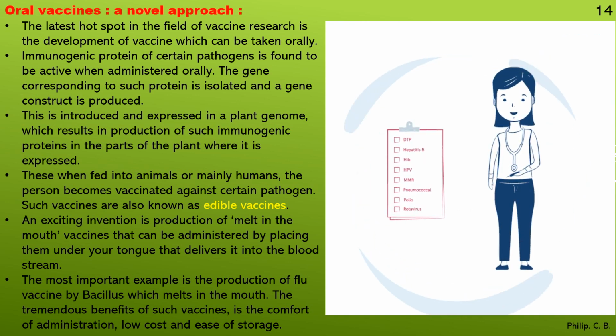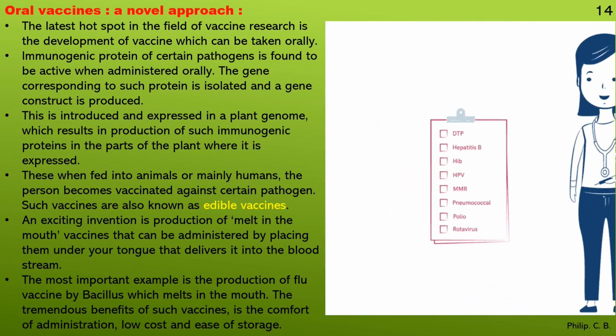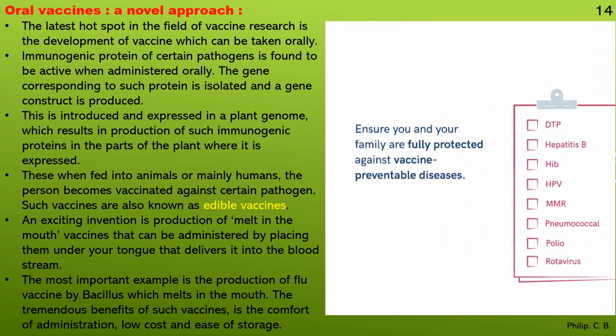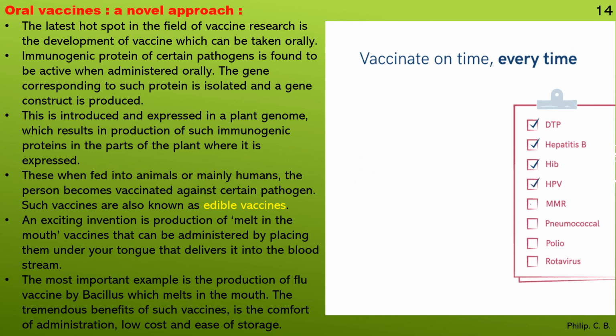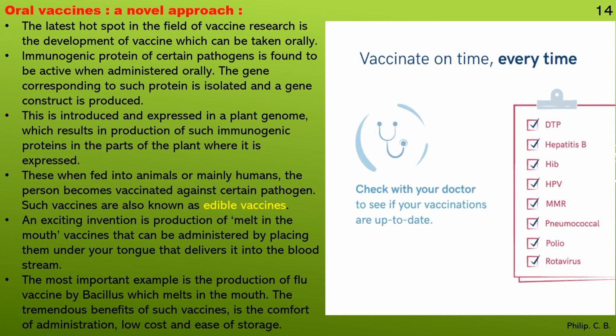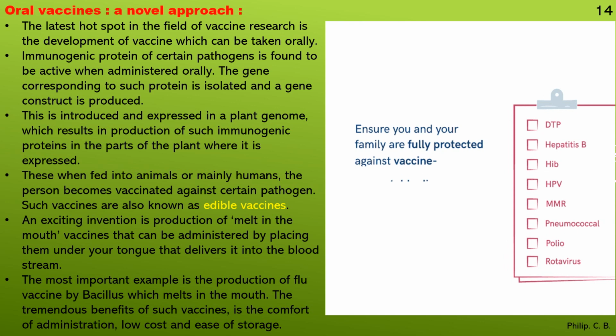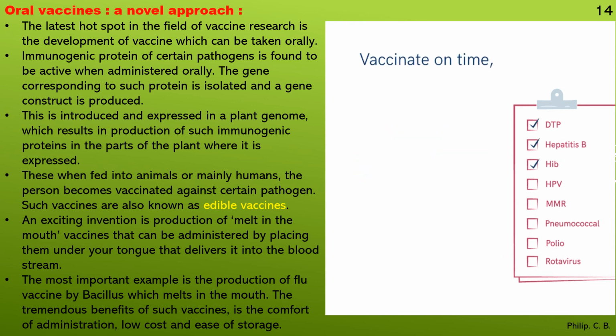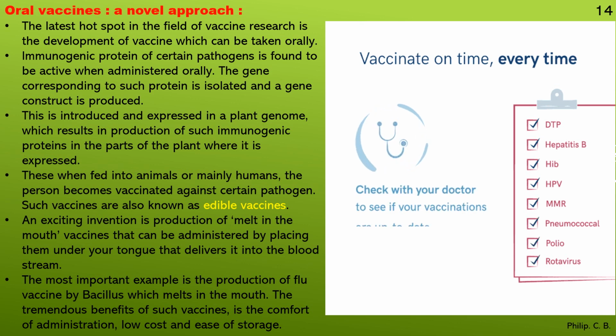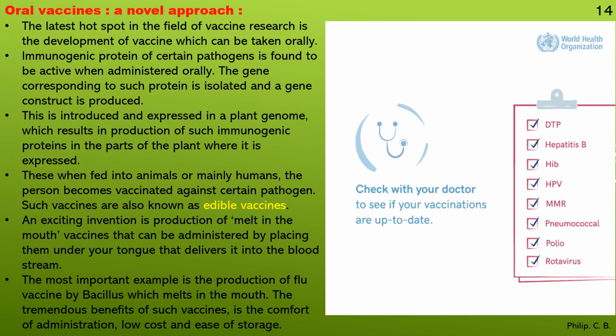The latest hotspot in the field of vaccine research is the development of vaccines which can be taken orally, like the polio vaccine, right? Immunogenic protein of certain pathogens is found to be active when administered orally. The gene corresponding to such protein is isolated and a gene construct is produced. This is introduced and expressed in a plant genome, which results in production of such immunogenic proteins in the parts of the plant where it is expressed.